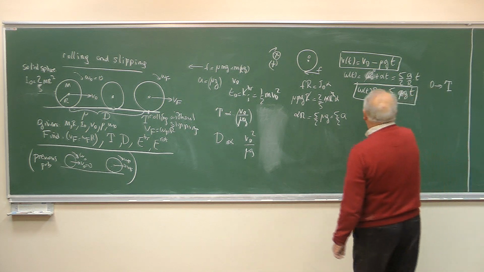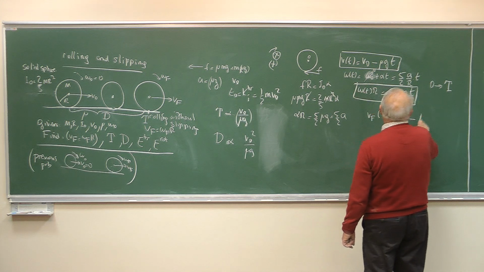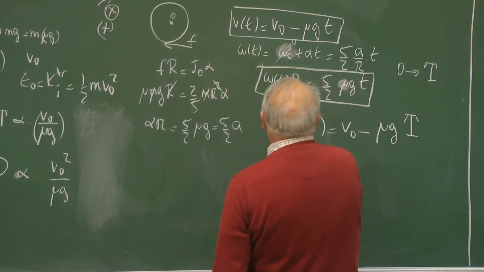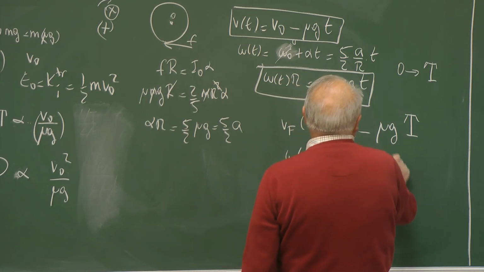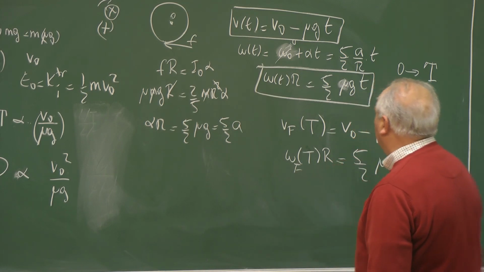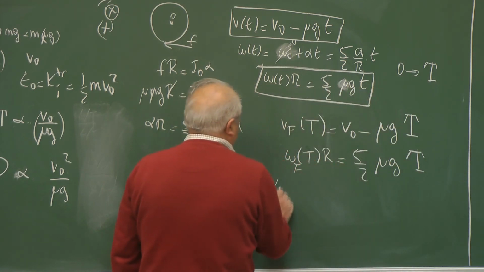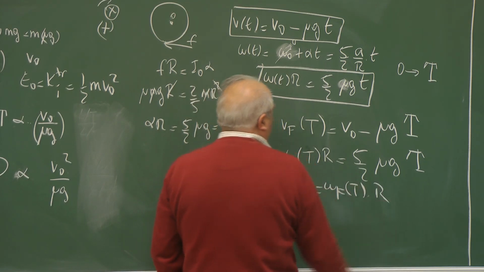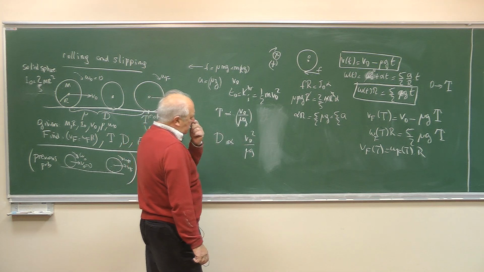So omega f t, that's equal to v0 minus mu g t, and omega t r is equal to 5 over 2 mu g t. But these things are equal. Omega f t is equal to omega f t times r. Why? Because at that point, rolling without slipping sets in.